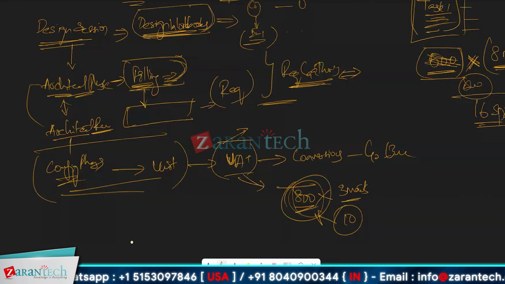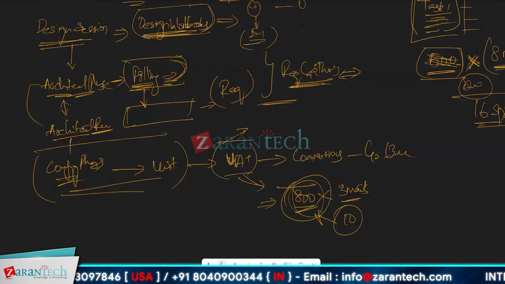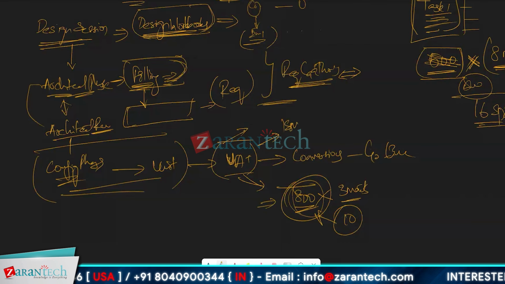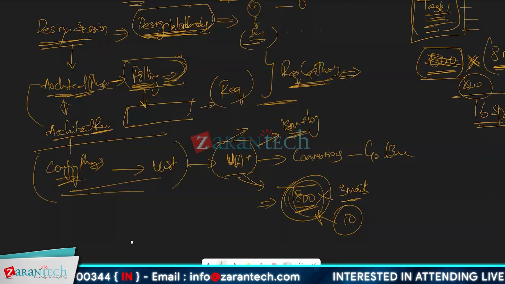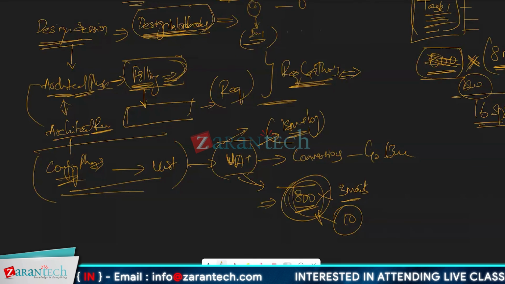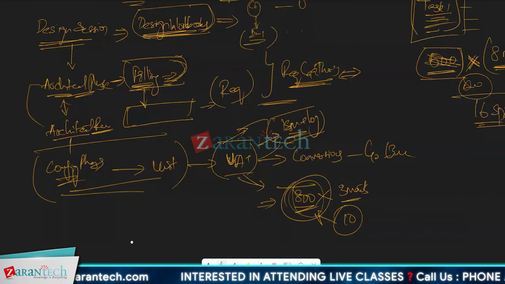Now during the UAT testing, there might be certain issues they have found, so all those issues will again go into the issue log. They will put it in the issue log, which will be revisited by the functional consultant like you, who will start fixing those issues, and then this cycle will repeat.